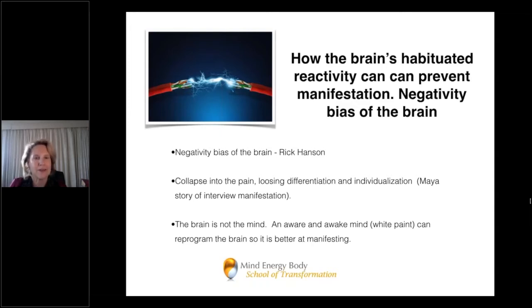So if you collapse into the pain, you lose a differentiation and individualization of who you really are. So in the previous section, we talked about your sense of self creates your realities, spiritual law 1. And if you're vibrating at your wounded trauma self, a false self, you're going to create a lower vibrational reality than if you're connected to that core being, that bigger essence of who you really are.